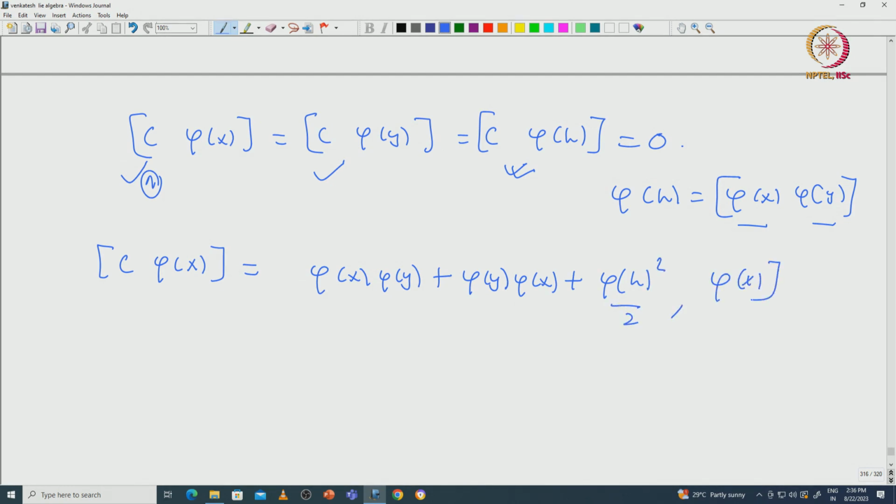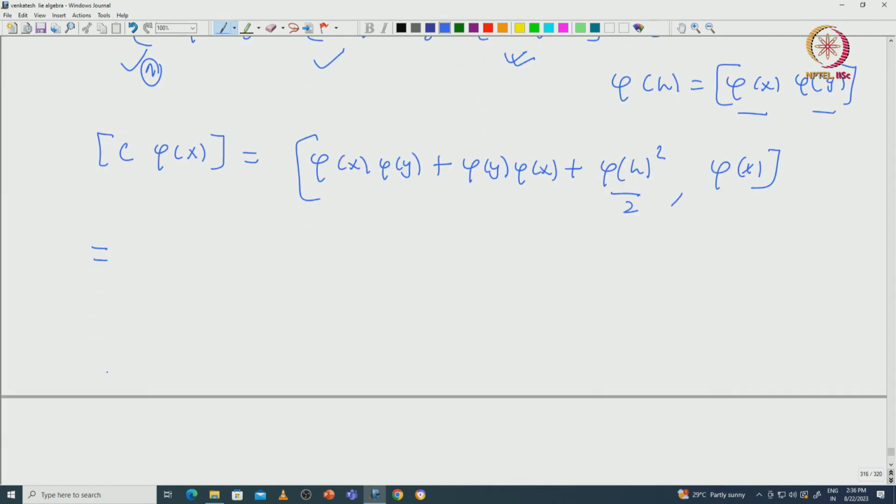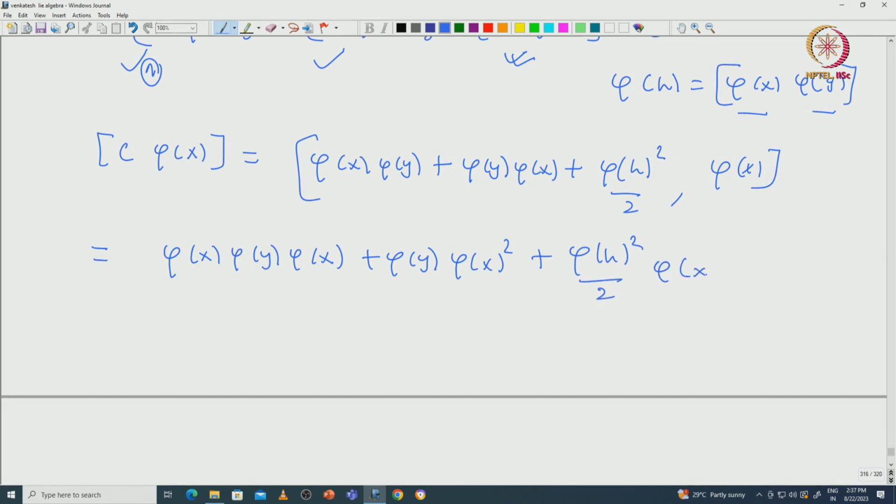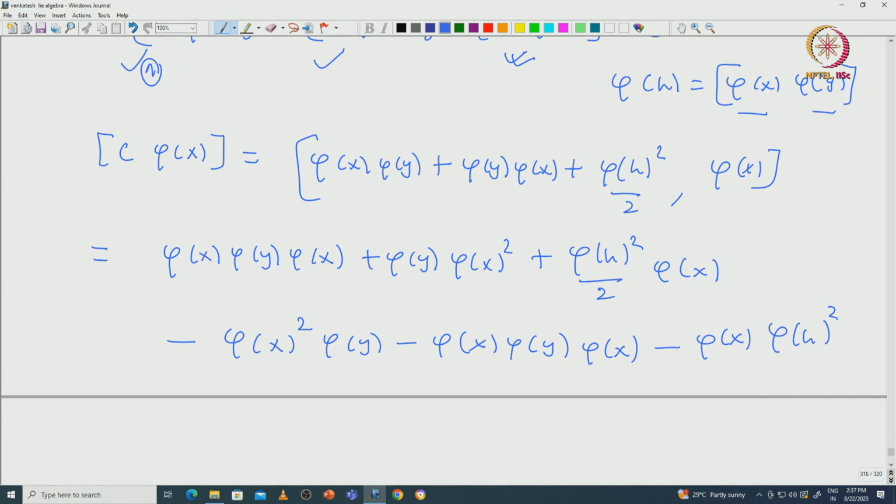If you do the computation very explicitly, first you take the product between them: phi x phi y phi x plus phi y phi x square plus phi h square by 2 phi x, then minus phi x square phi y minus phi x phi y phi x minus phi x phi h square by 2.